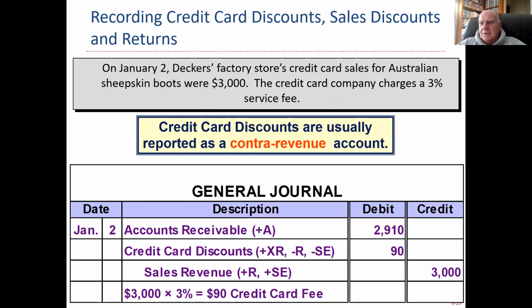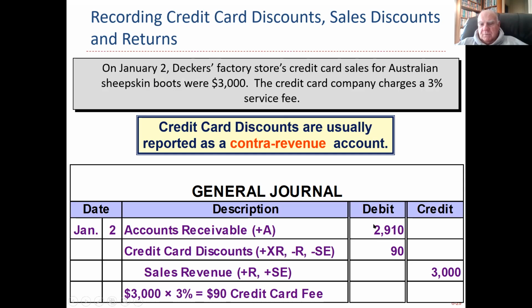And there's our journal entry. I went in, I bought these $3,000 pair of sheepskin boots, which are very comfortable, by the way. And I swiped my credit card, and the shoe store, Decker's, their system immediately created this journal entry. They credited sales revenue for the price of the shoes, and they gave away the 3% fee, $90.